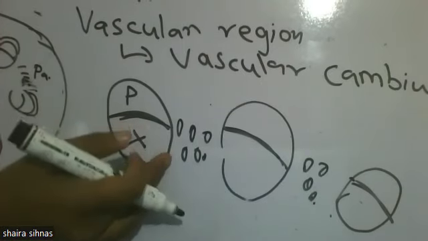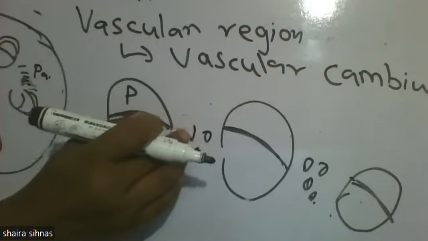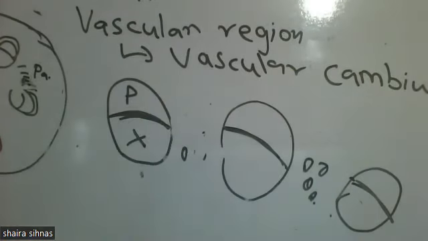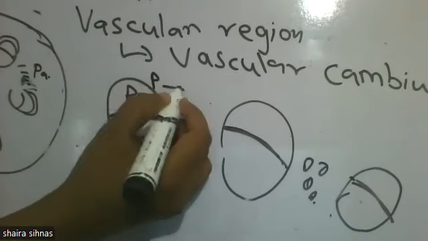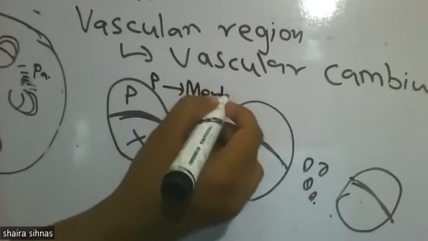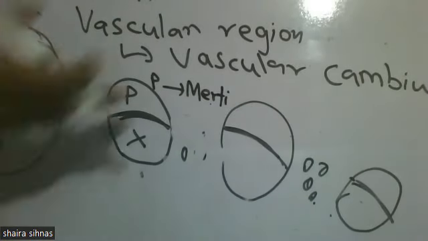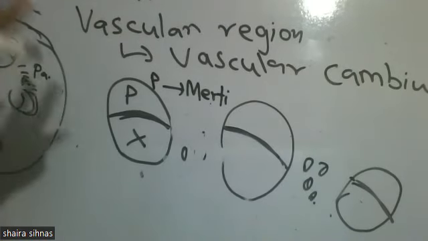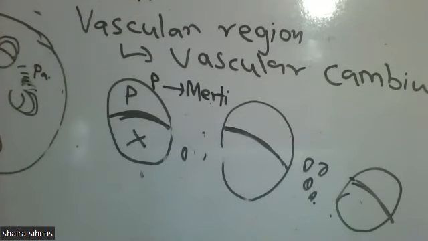So here, what is going to happen? In this place, this parenchyma is going to de-differentiate, which means the permanent parenchyma tissue is going to convert into meristematic tissue, where they can produce new cells by dividing, right?